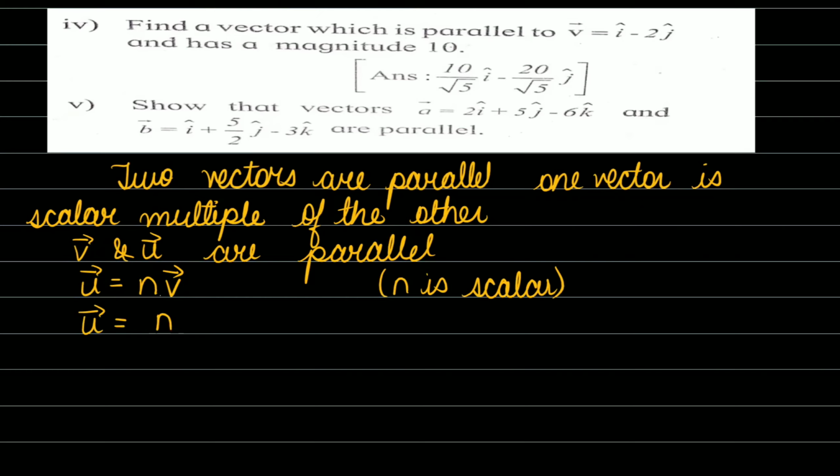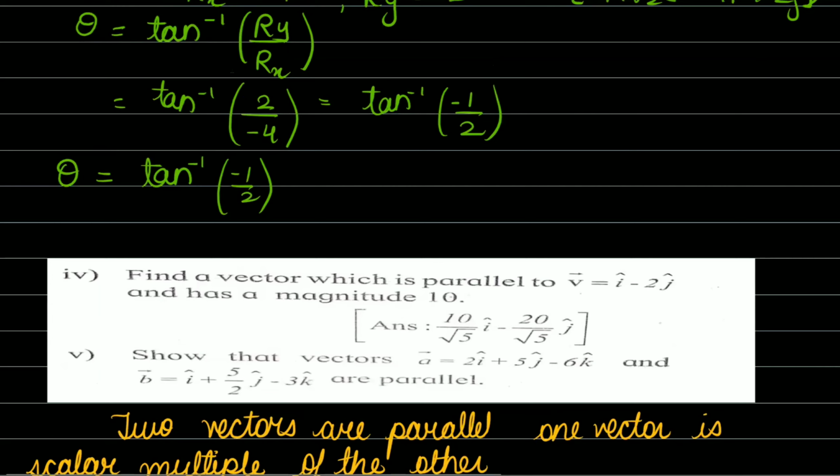Therefore, we can write this as n vx i cap plus n vy j cap. All right, students. As given in our question, the value of vx is 1 and vy is -2.